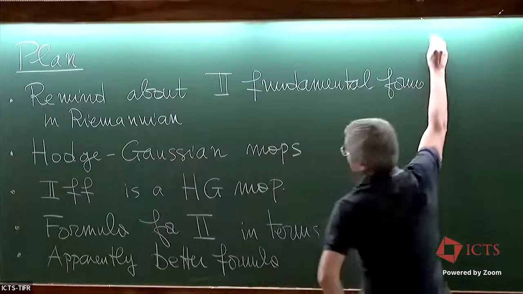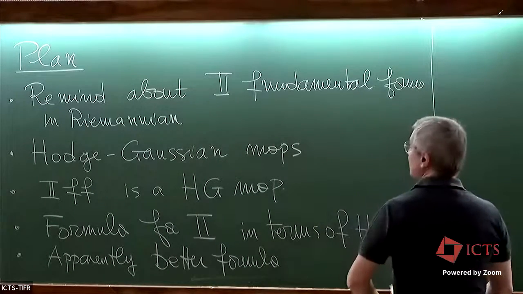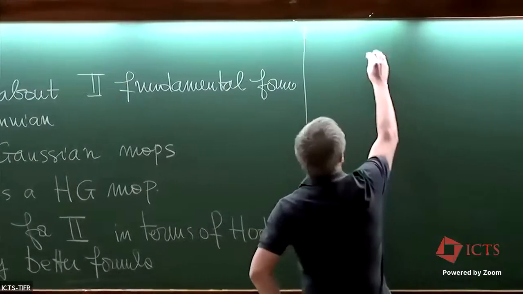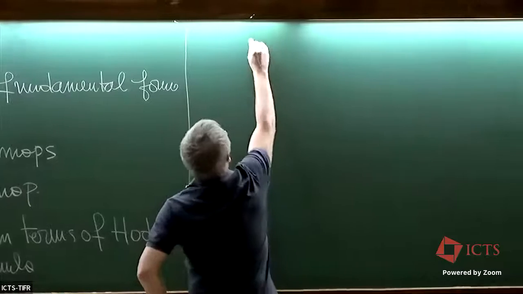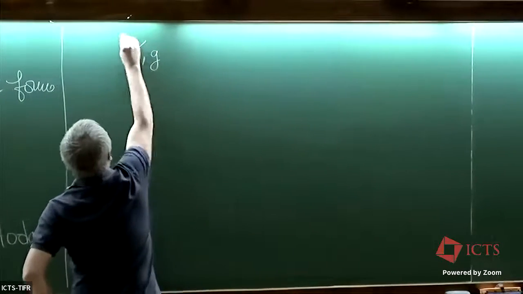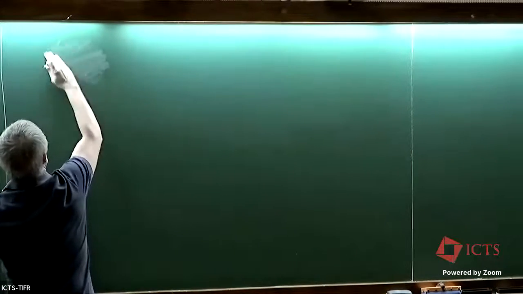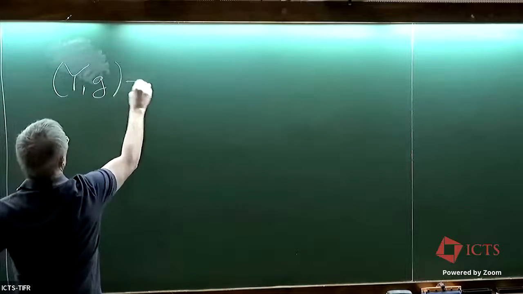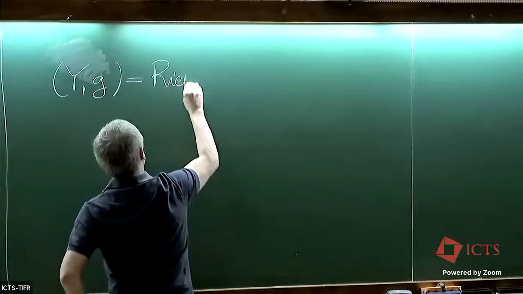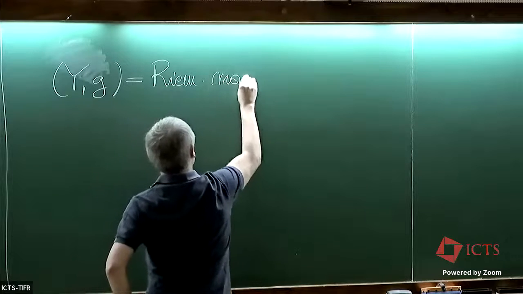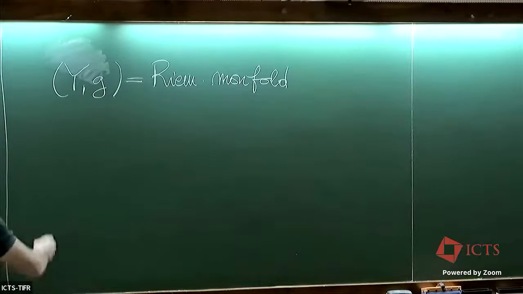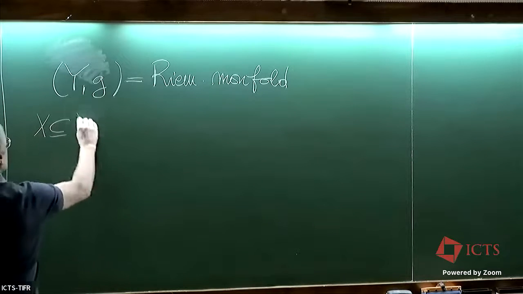So let's start with the first point, and let's go back to the setting of a Riemannian manifold. So G is a Riemannian metric, and assume that we also have a submanifold.